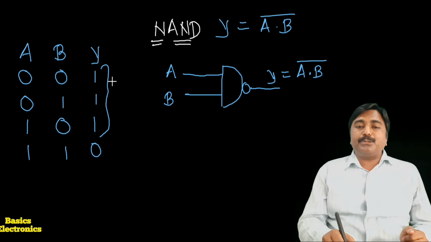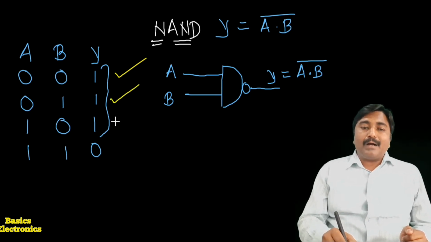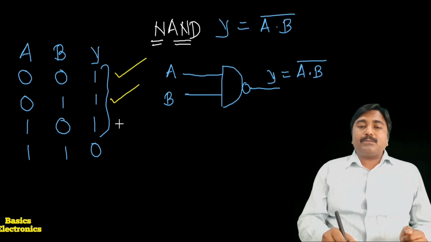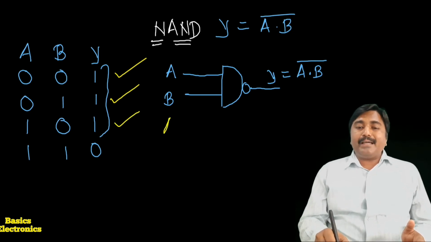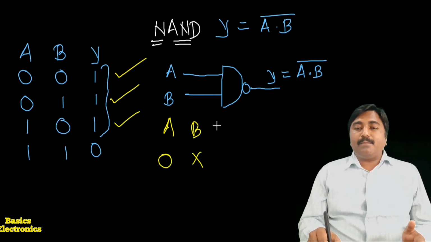When both inputs are 0, 0, its output is equal to 1, and when input A is equal to 0 and B is equal to 1, again its output is high. When A is equal to 1 and B is equal to 0, again we get output equal to 1. It means if A is equal to 0, whatever the value of B, the output Y is equal to 1.